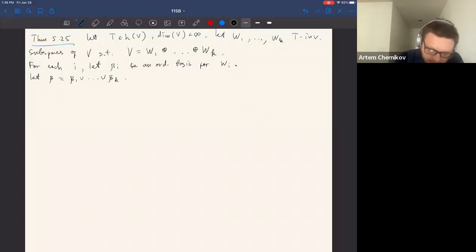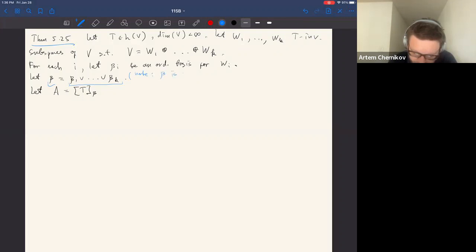Now, what do we have in terms of matrices representing all of this? Let us take A to be the matrix representing T with respect to beta. And remember, this makes sense because the union of bases for each of these subspaces gives us a basis for the whole space, right? So we already know that beta is a basis for V, so it makes sense to talk about the representation of T with respect to beta.